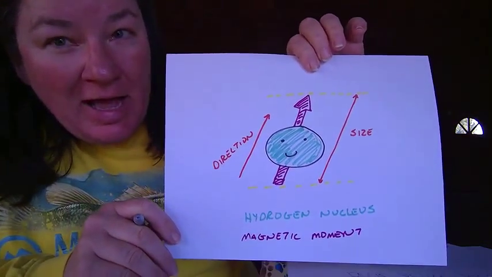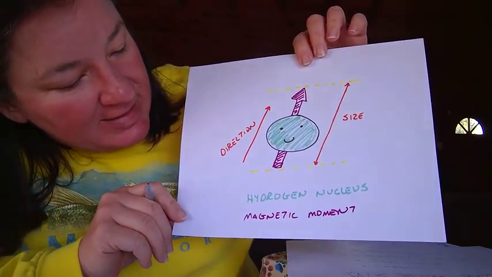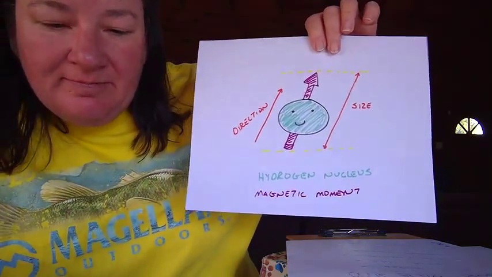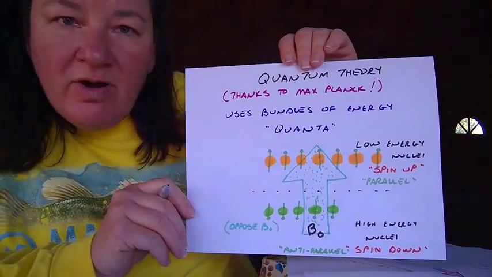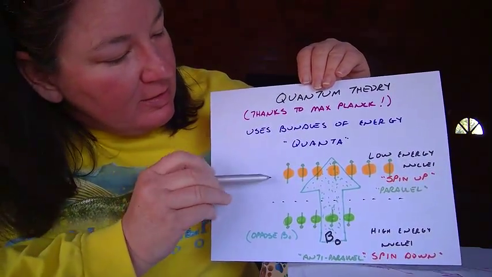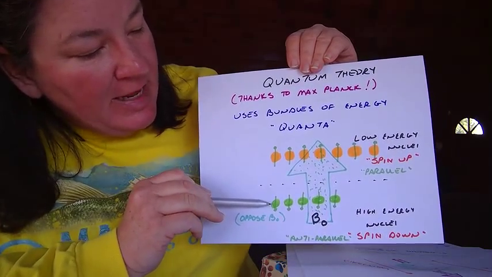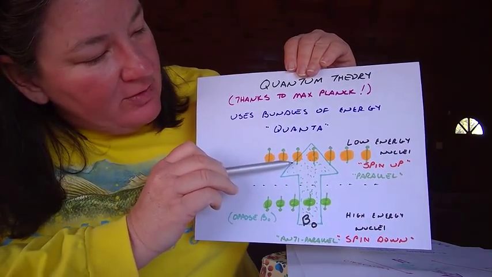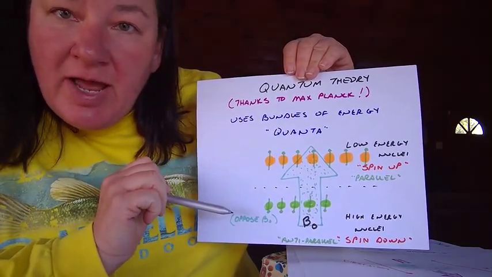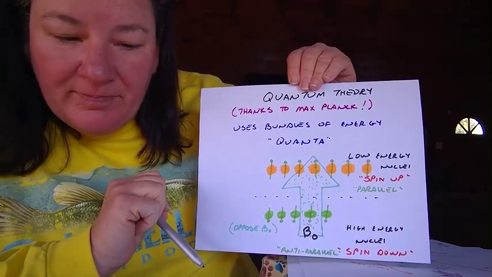Remember our happy little hydrogen atom with its direction, its arrow, and its size, which is the magnetic moment? You take all those magnetic moments together, and remember our quantum theory: you have the spin up, parallel, and the spin down, anti-parallel. Since you have your magnetic field, they do cancel each other out to get your net magnetic vector.